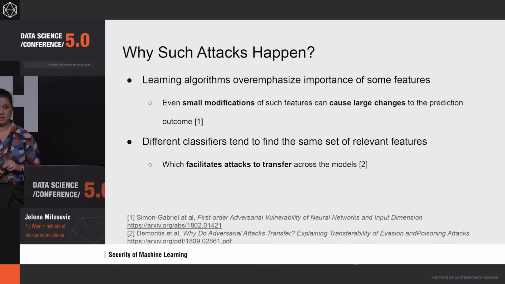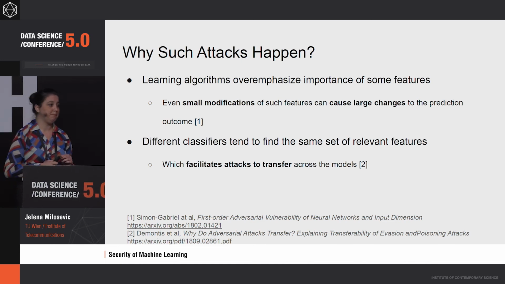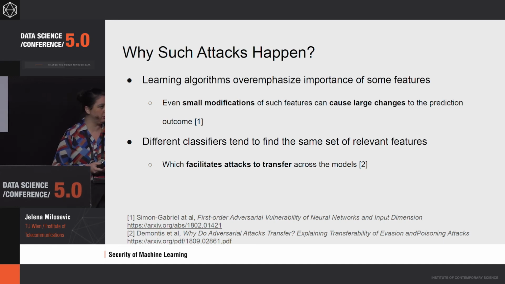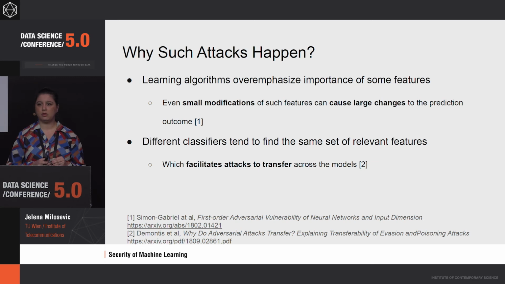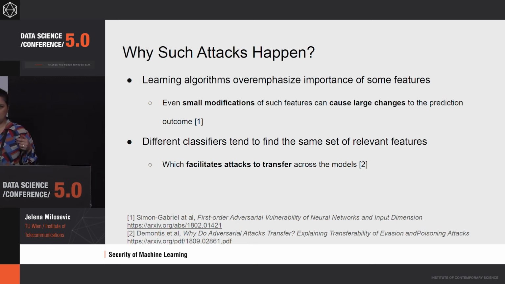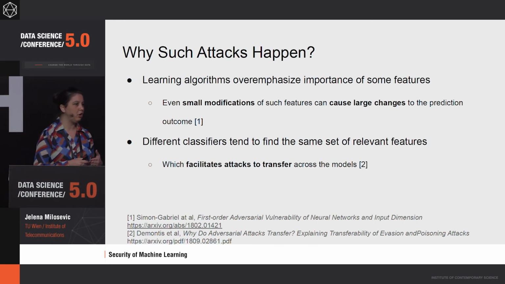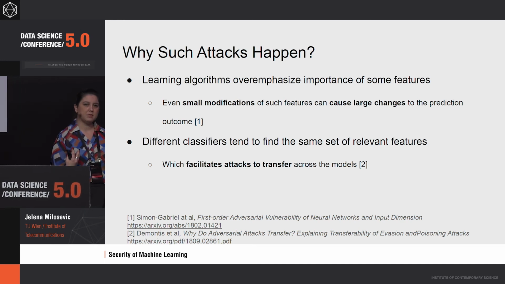So why do such attacks happen? This is a question that is still being answered in the research community. It is an active area of research, and just some of the recent conclusions are that since the learning algorithms always choose a set of features that are representative for the task that they solve, the very same system becomes very sensitive to changes in those features.